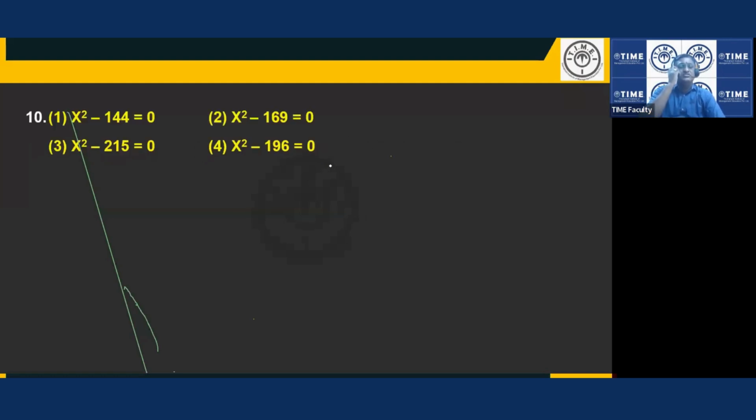Next. X square minus 144 is equal to 0. X square minus 169 is equal to 0. X square minus 215 is equal to 0. X square minus 196 is equal to 0. In option number 1, x value is equal to plus or minus 12. From option number 2, x value is equal to plus or minus 13.